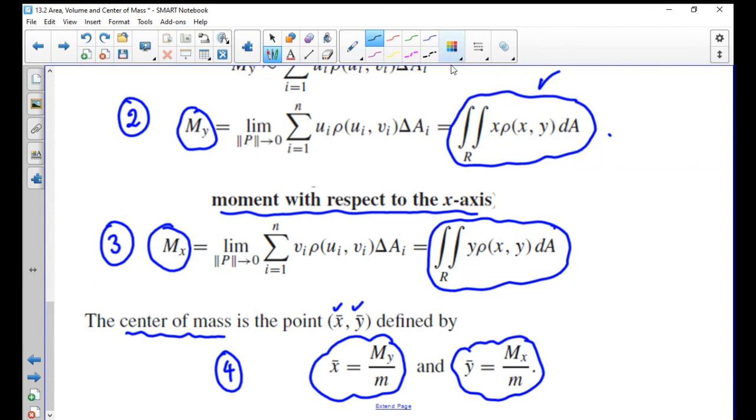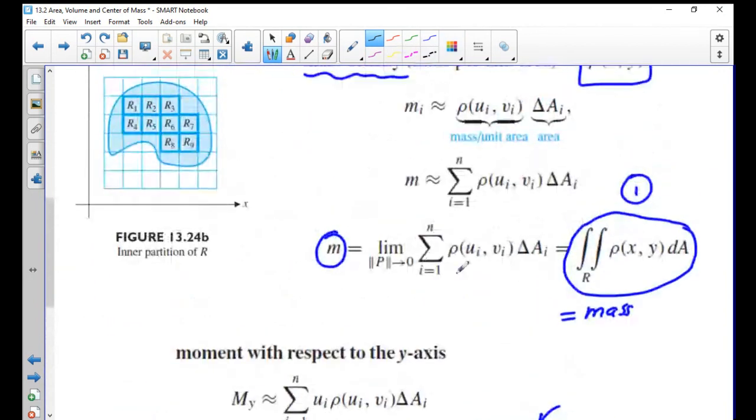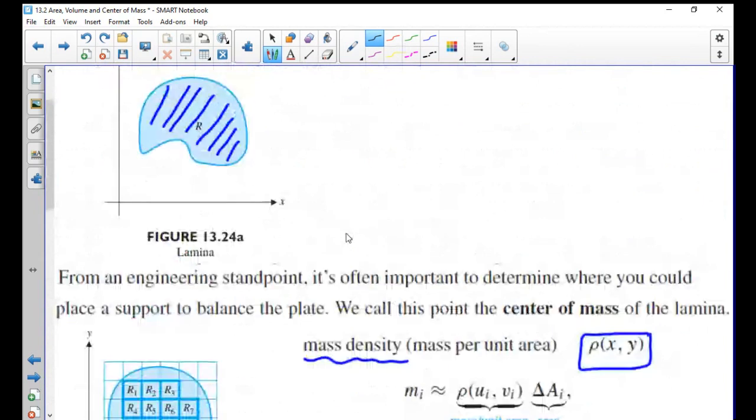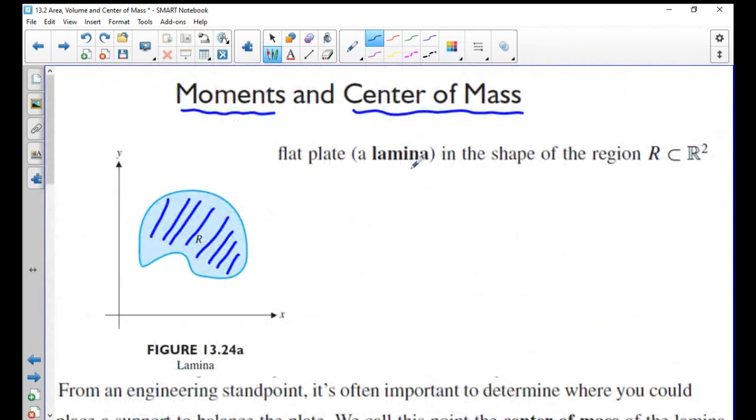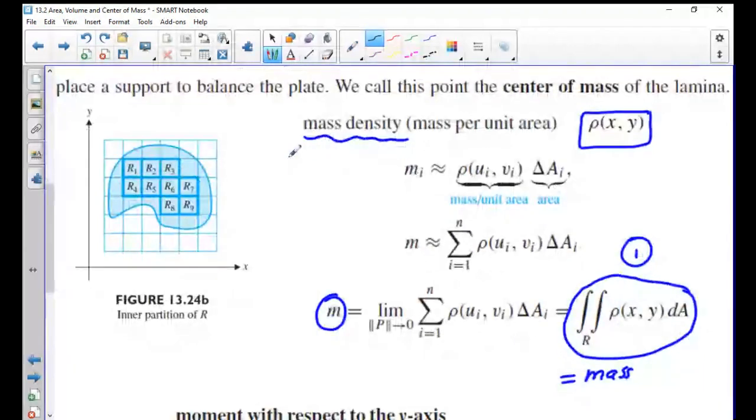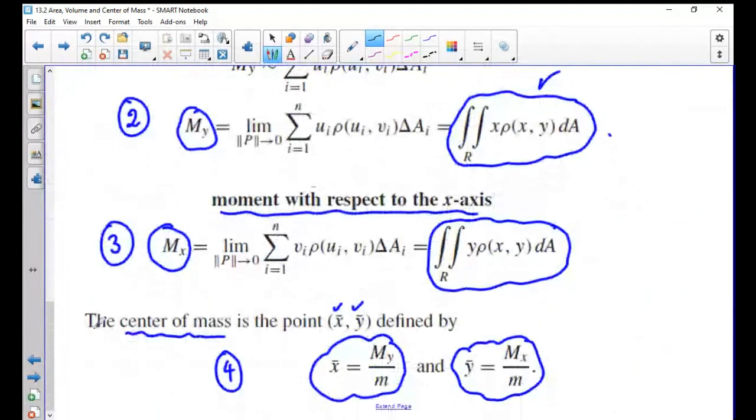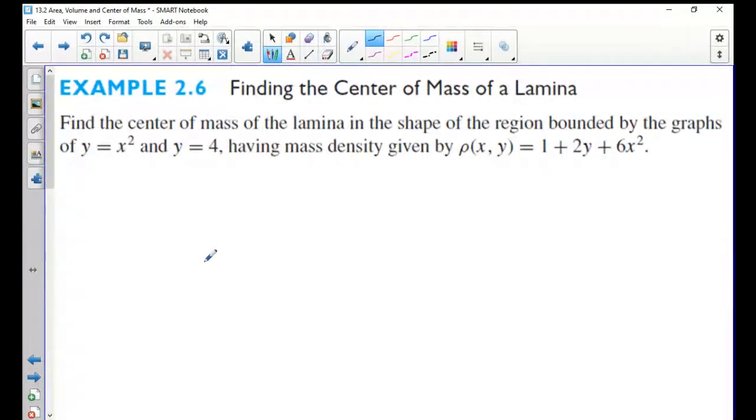So these are all just formulas, rules that you need to use when you want to find the center of mass of a flat surface like that. So here is an example.